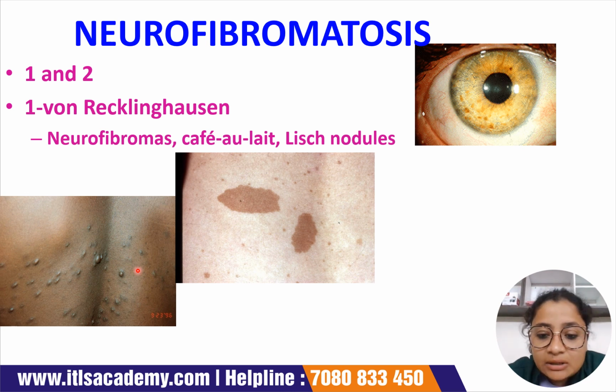Neurofibromas will be, as you can see in this diagram, in the eye there will be fibroma, meaning growth, and there will be skin patches which are known as café-au-lait spots. That is a French term for these skin patches, as you can see. These are the typical clinical features of type 1 neurofibromatosis, known as von Recklinghausen.